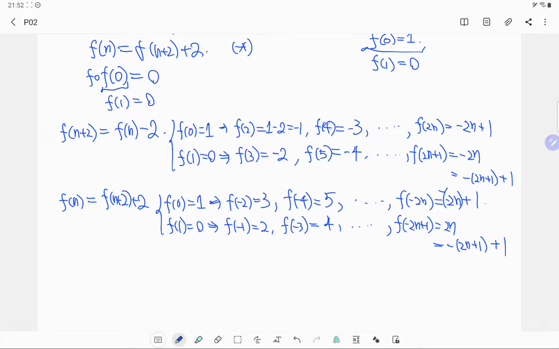So we can rewrite it as minus (-2n+1) plus 1.